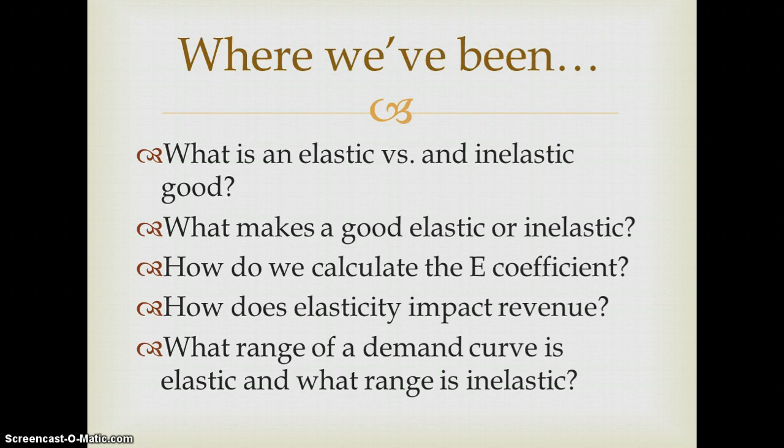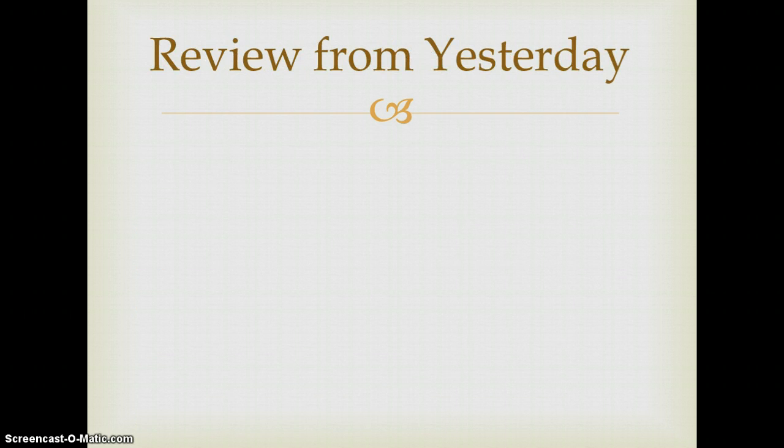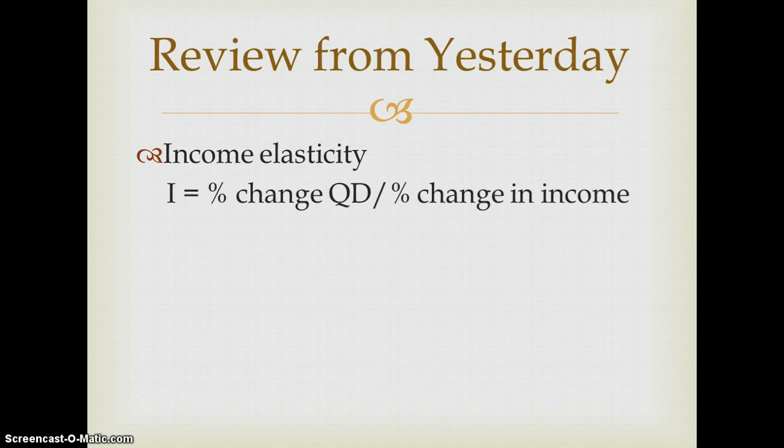You don't need to write all this down. This is stuff that's just kind of a summary of where we've been. Okay? You also don't need to write down this slide because this is what we did yesterday, which is a review. Okay? First thing we did was income elasticity yesterday. And we learned the formula, which was the percent change in quantity demanded divided by the percent change in income.